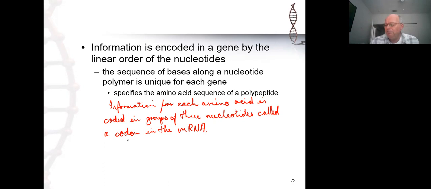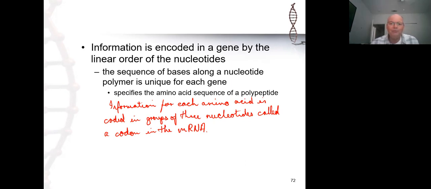So the challenge, once it was recognized that DNA was the molecule of inheritance, was to try and figure out what the coding was. And once it was realized that it was groups of 3 nucleotides, to try and figure out what all 64 possible codons actually meant. And we do now have the genetic code fully deciphered.